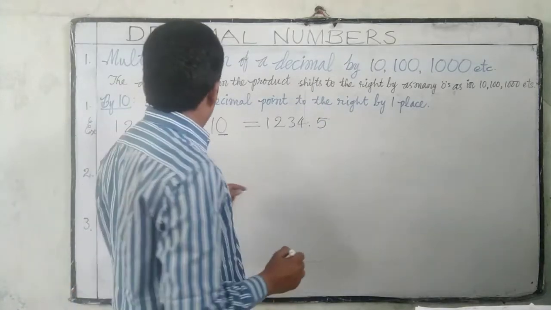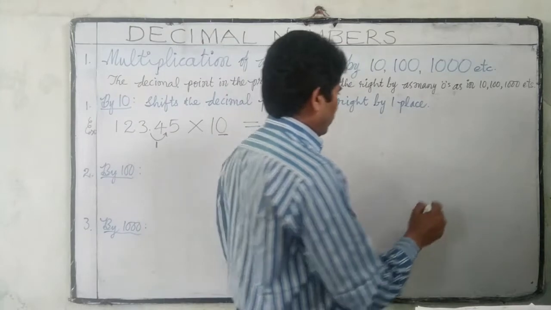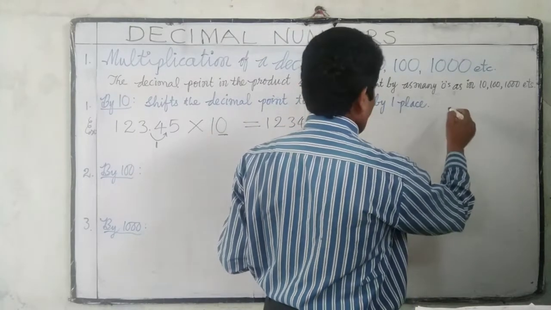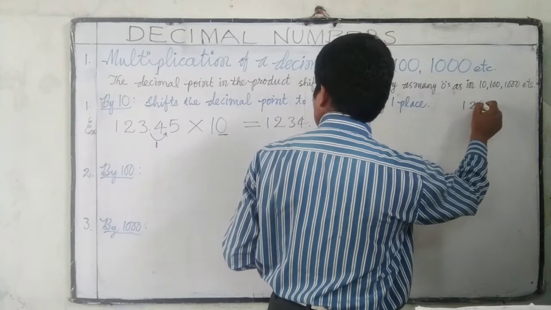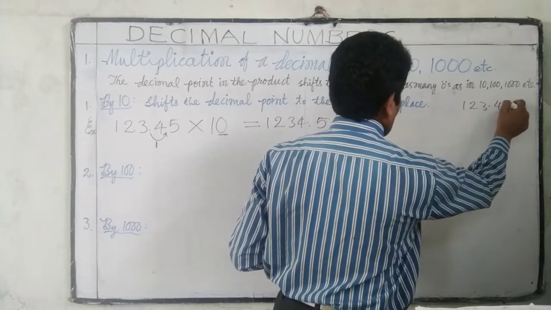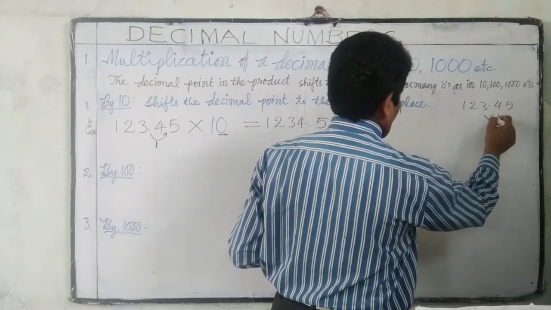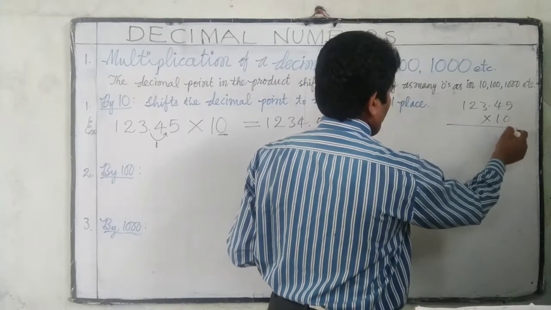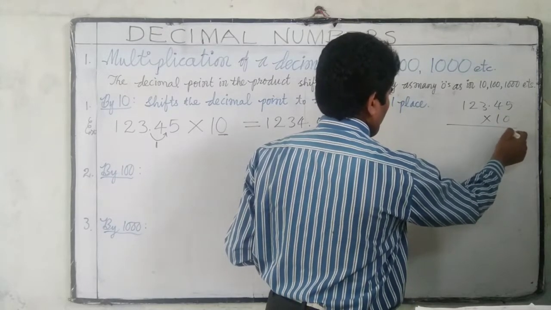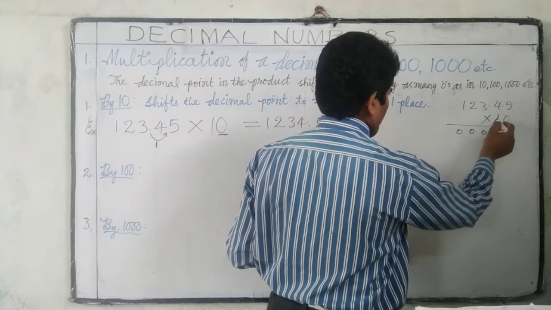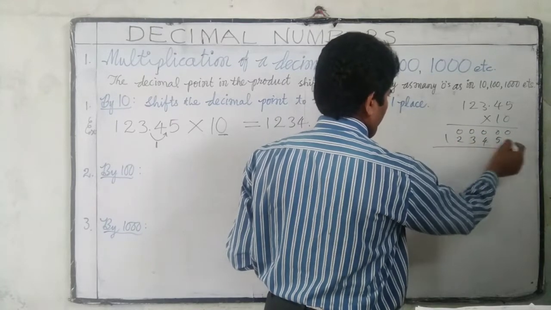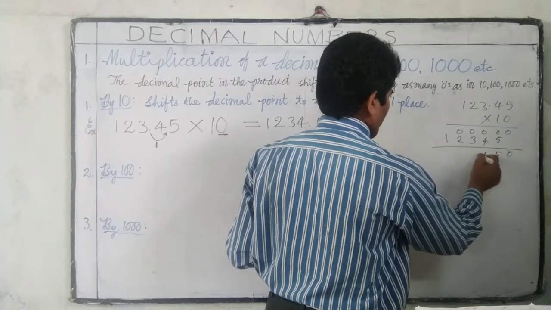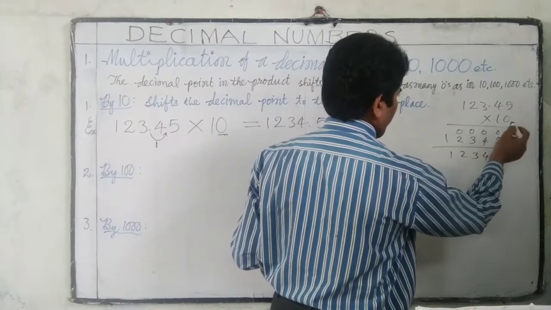We can check this by actual multiplication. 123.45 into 10.